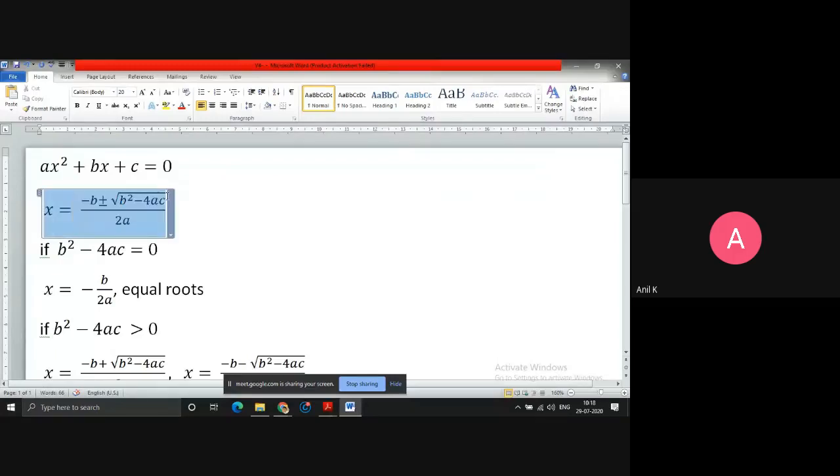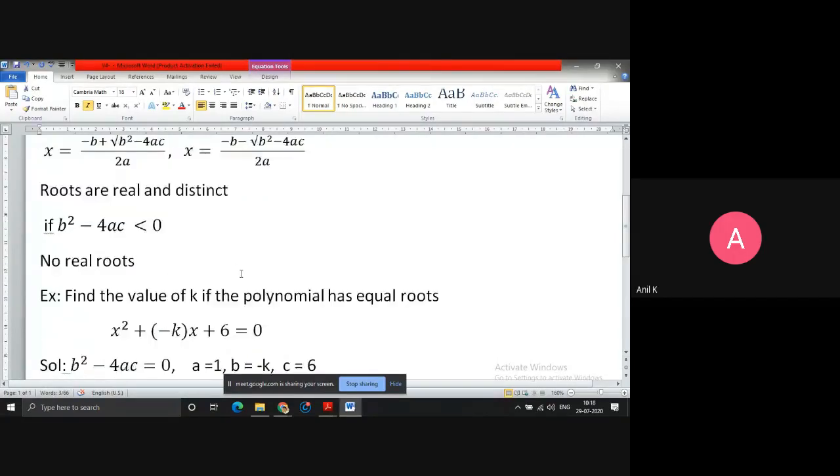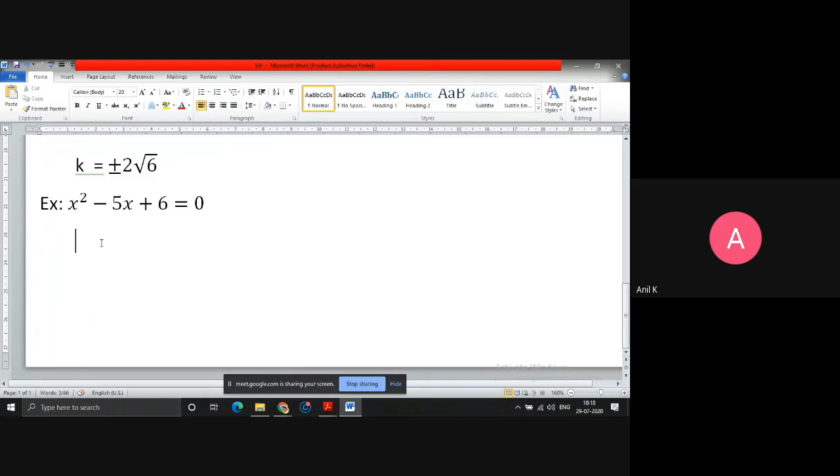So what is our x formula? The x formula is this one: minus b plus or minus under root b square minus 4ac upon 2a. Before I go for the formula, give me the value of a, b and c for the given quadratic equation. What is the value of a, what is b, and what is c? Just type your answer and I'll check. A equals to, b equals to, c equals to, let me see what you type.